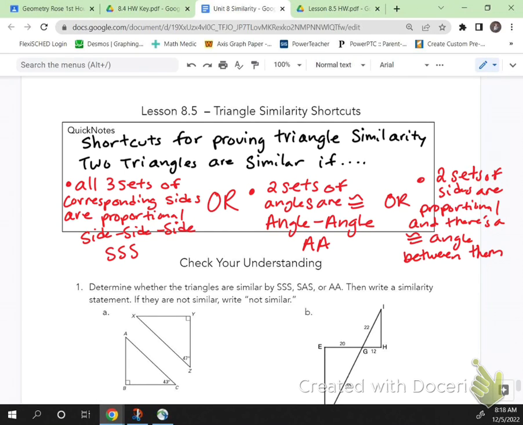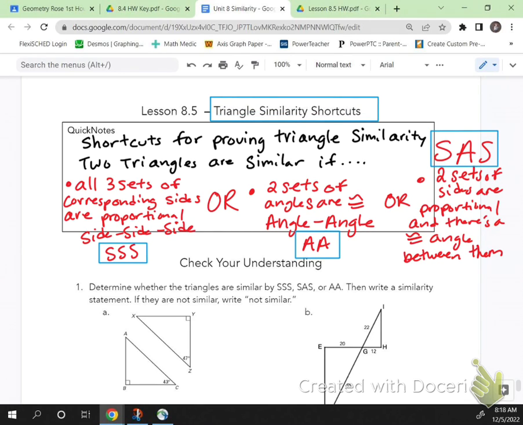Can anyone guess what this abbreviation is going to be? Yeah, go for it. Side, angle, side. These are your 3 triangle similarity shortcuts.